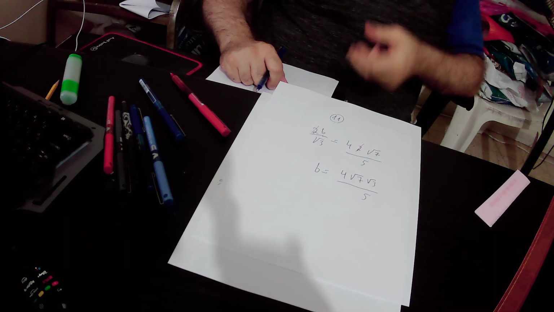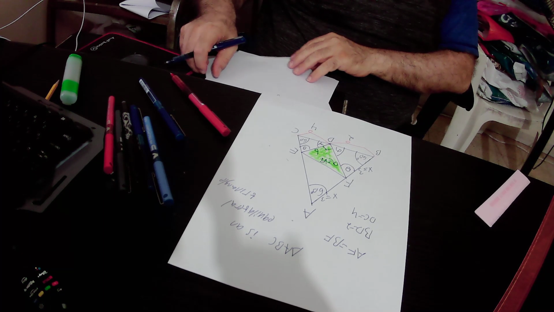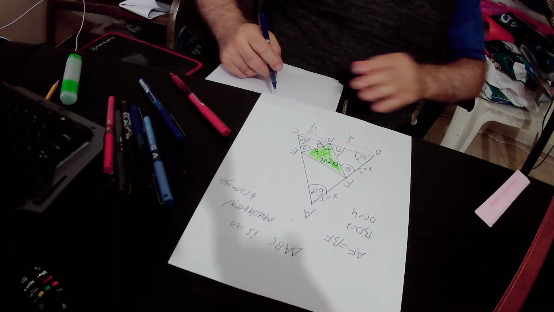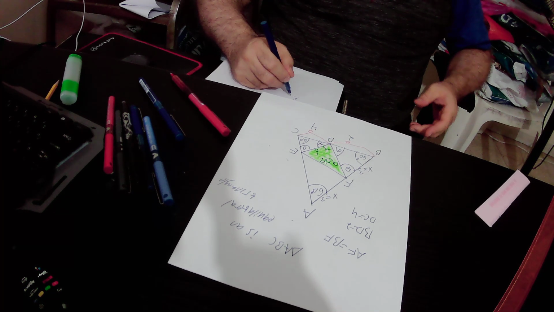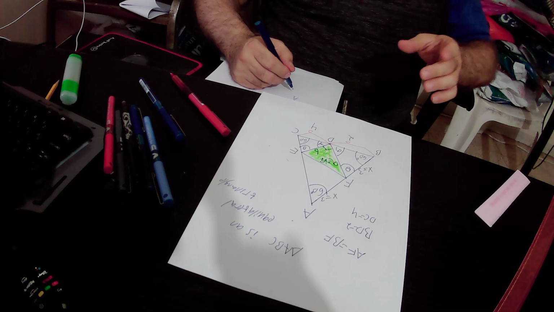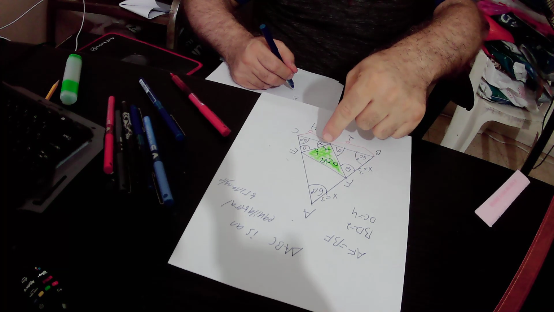Okay, but we know that the area of any triangle equals the base of the triangle times the height over 2, and the height must create 90 degrees with the base.